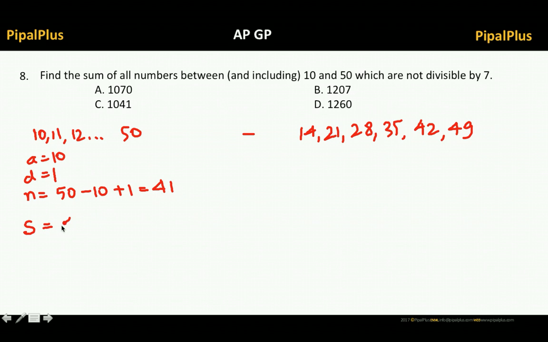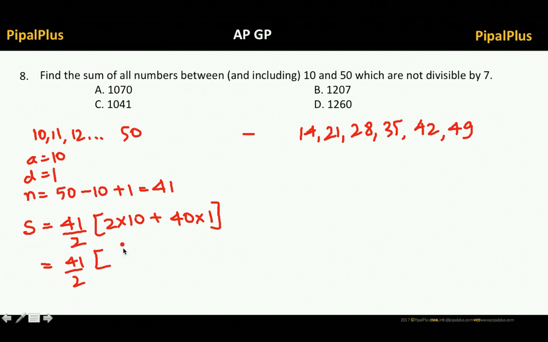Okay, so the sum of numbers from 10 to 50, including 10 and 50, is going to be 41 by 2 times (2a plus (n minus 1)d), that is 41 minus 1, 40d. So we get 41 by 2 times 20 plus 40, 60. So this is 30, so 1230. Now let's find the sum of this series.